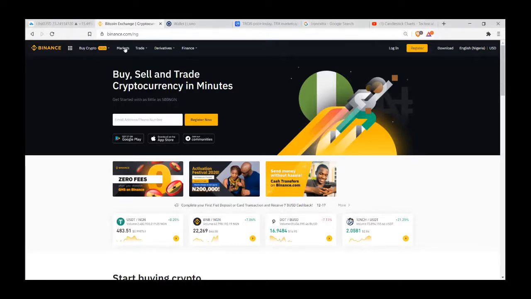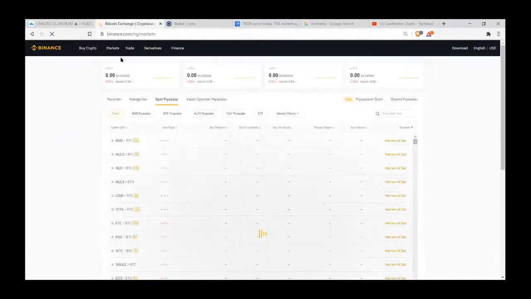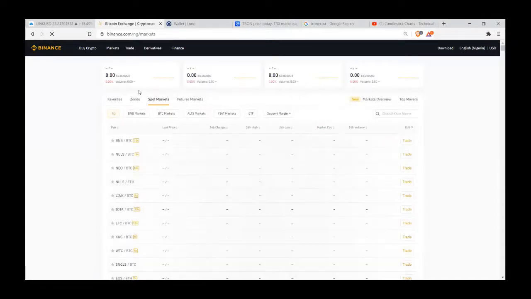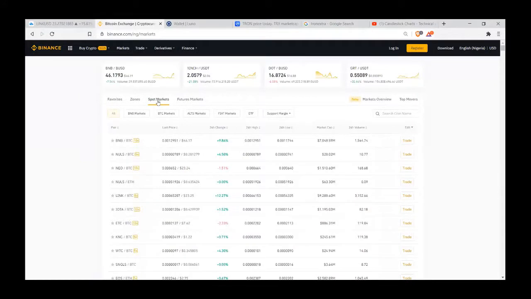Okay, so on Binance now, you will see markets. Click on markets. When you click on markets, you will see spot markets. Now forget about this screen. Let's just focus on this. Under markets, there are different markets.